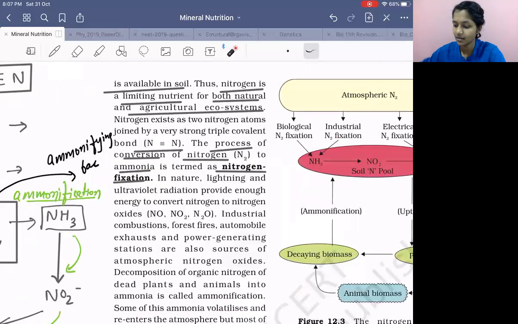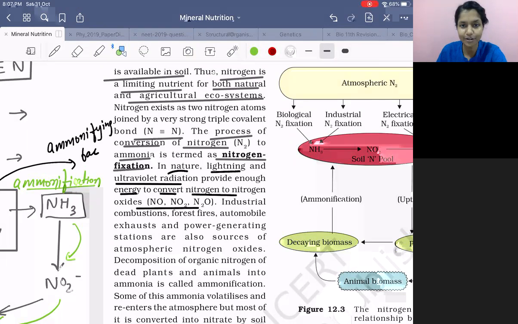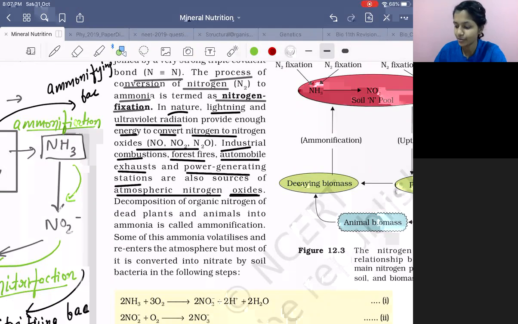Just read it once. In nature, lightning and ultraviolet radiation have enough energy to convert nitrogen to the oxides of nitrogen, right? Similarly, industrial combustion, forest fires, automobile exhaust, and power generating stations also have the energy to convert atmospheric nitrogen into oxides of nitrogen.